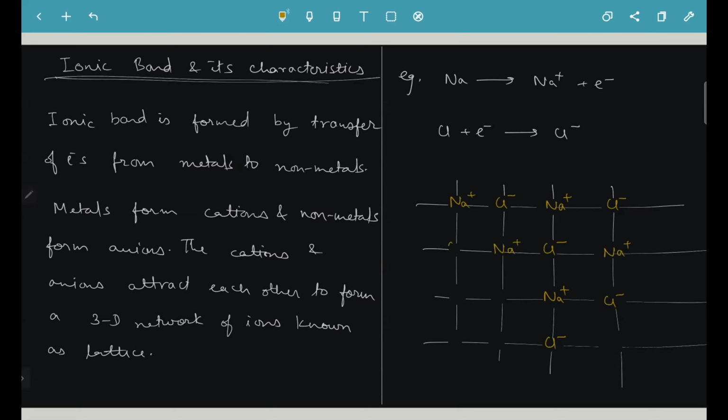Such a network forms. We do not have a single molecule of NaCl, rather we have a network of cations and anions, and such networks are called a lattice.